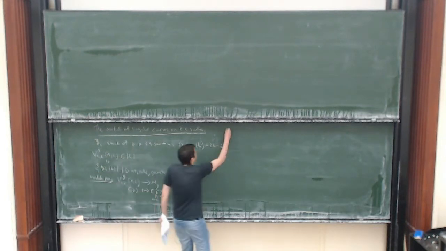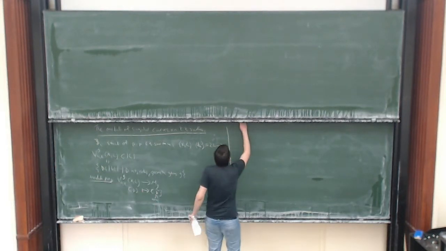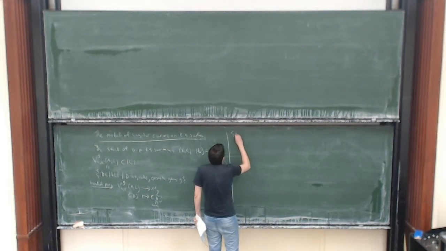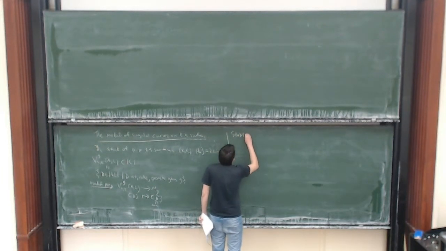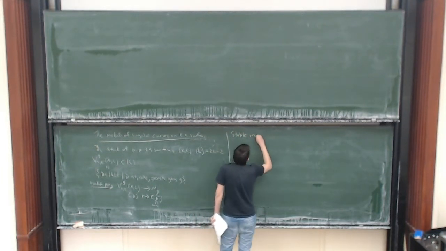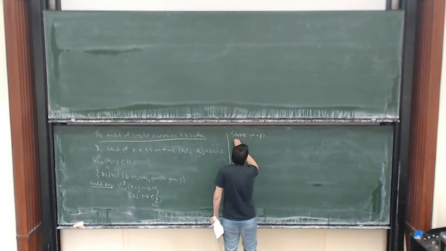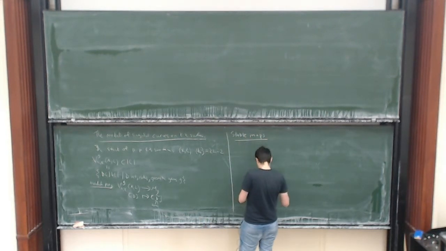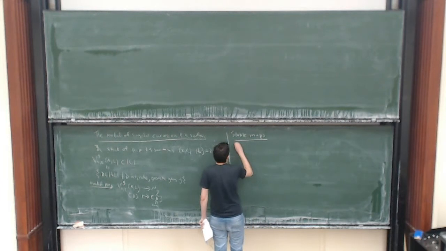So what we do now is we introduce stable maps. Okay, so this is a parametric approach.